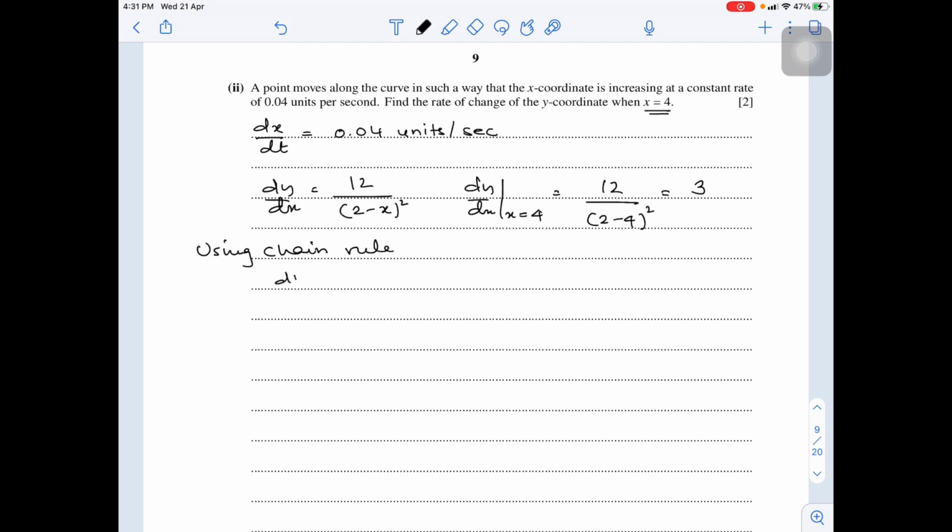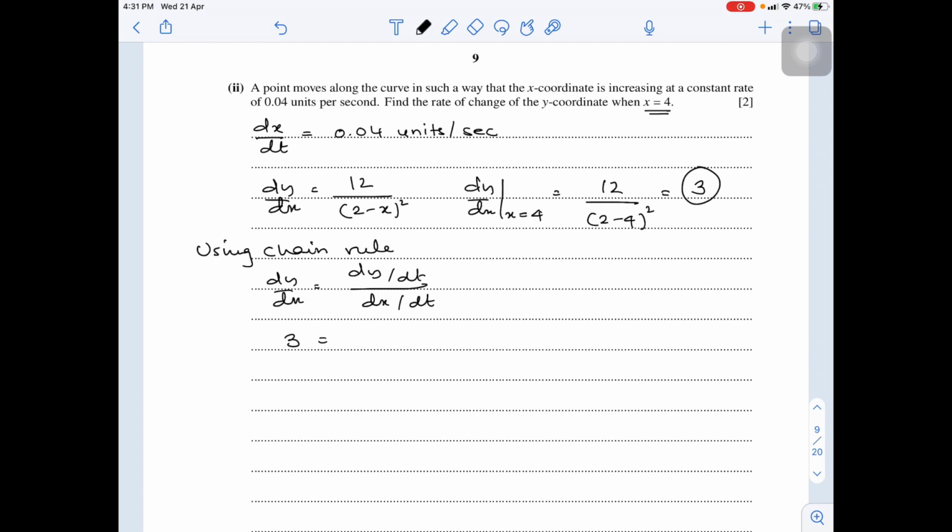Using the chain rule, okay, let me try like that. Dy over dx is dy over dt over dx over dt. That makes it a bit easier.